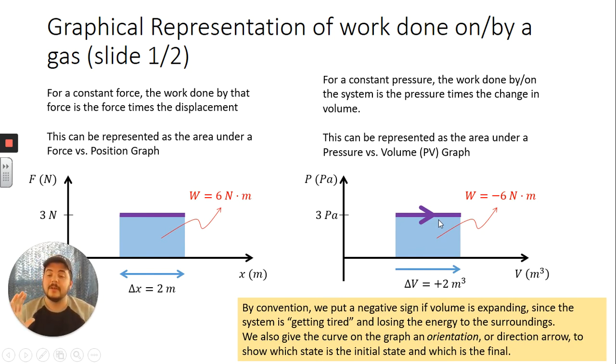The volume wasn't compressing 2 cubic meters, it was expanding 2 cubic meters. And so we're going to have this direction arrow, this orientation from left to right because the gas was expanding. So when the gas expands, that will be negative work by the system because the system is getting tired, it's losing the energy to its surroundings.